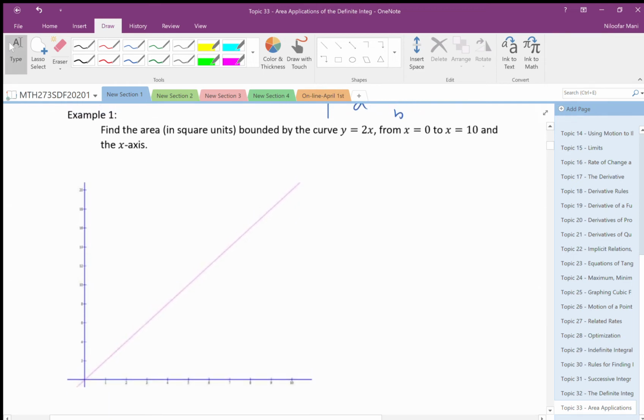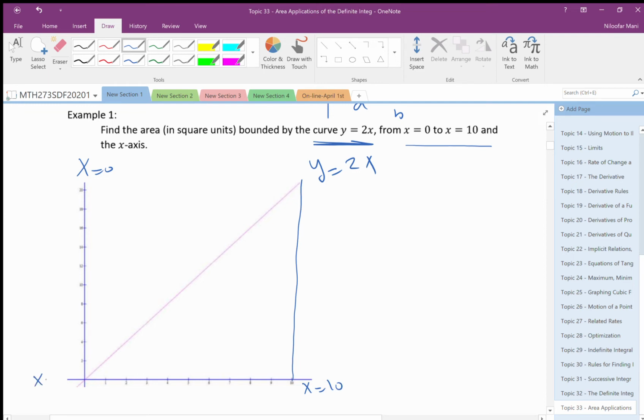Look at this. It says find the area which is bounded between this and x equals 0 and x equals 10 and the x-axis. This is y equals 2x. For all of them, I added the picture. This is x equals 0. This is x equals 10. And this is the x-axis.